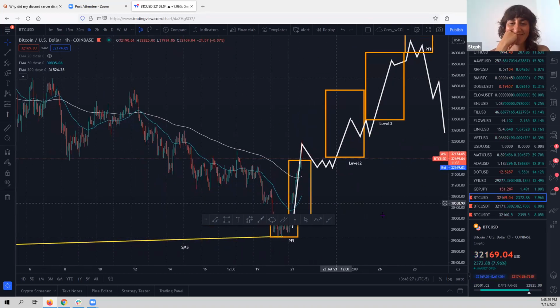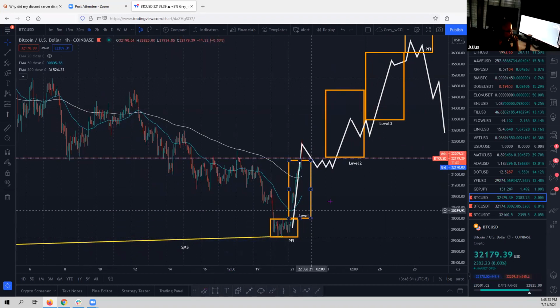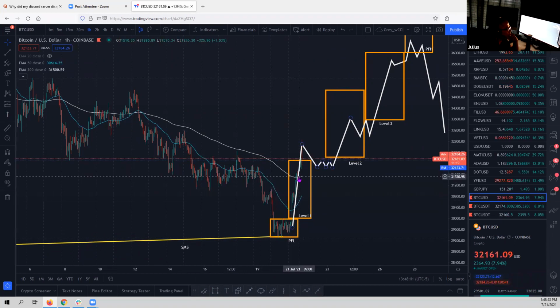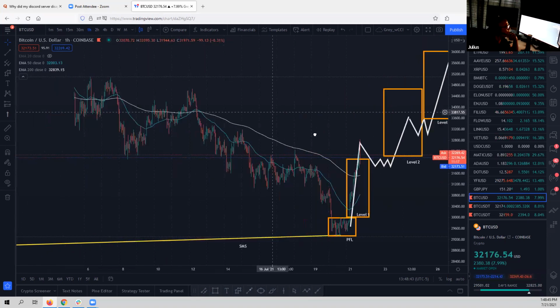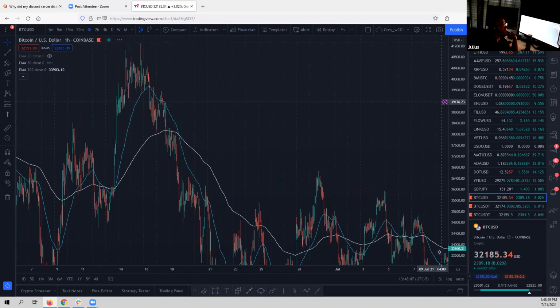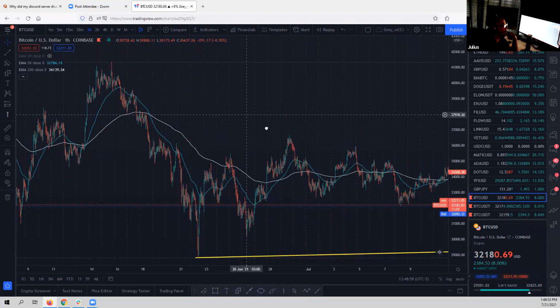Okay, so according to market maker methodology, a level 1 will be defined on the crossover of the 50 and 200. You see that right there, these two? So the 50 EMA and the 200 EMA need to cross over. Okay, let's go back here, back in time, and look at peak formation up here.